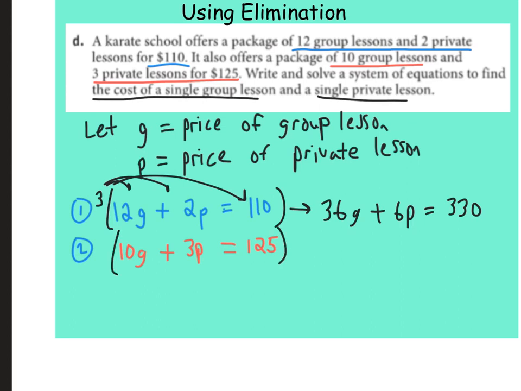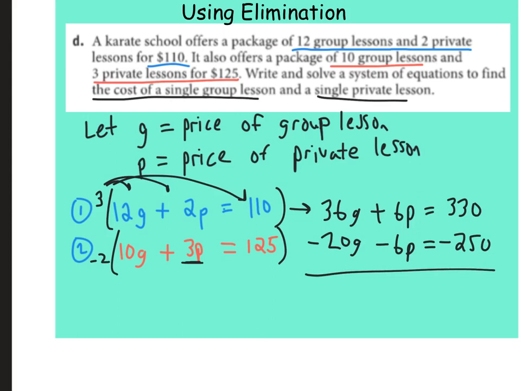I want this 3p to become negative 6p so that it will get eliminated. So I would need to multiply by negative 2. So negative 20g minus 6p. The 125 times negative 2 should be negative 250.